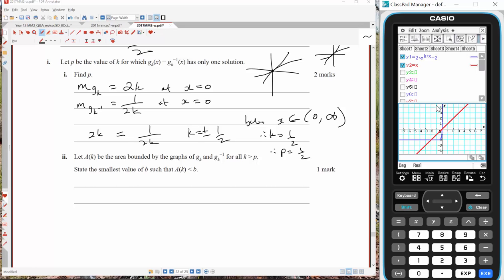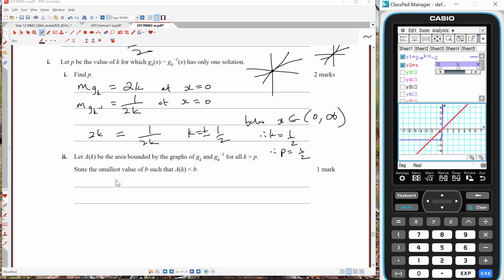I can do the inverse as well. Anyway, what's going to happen is it'll become like a 2 by 2 square.